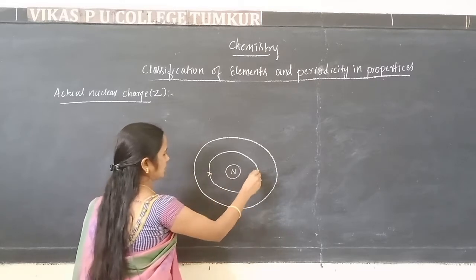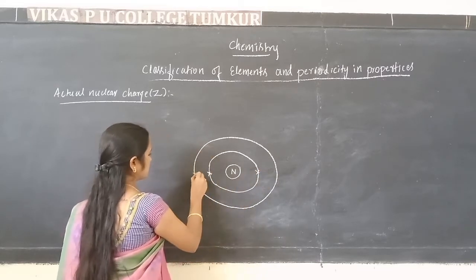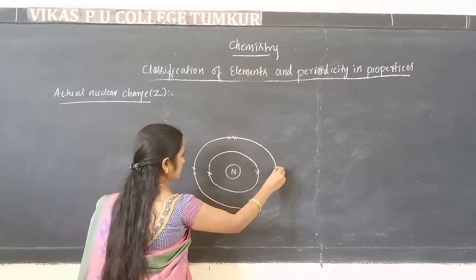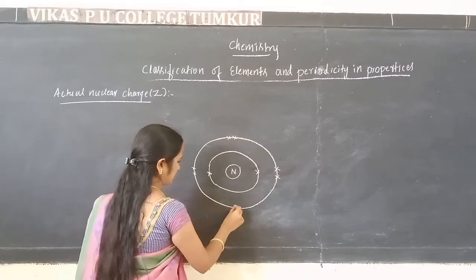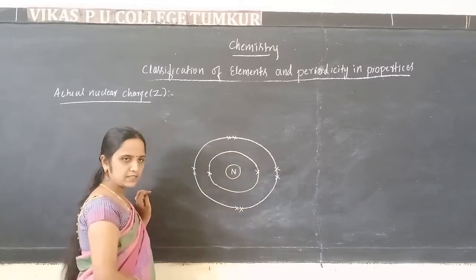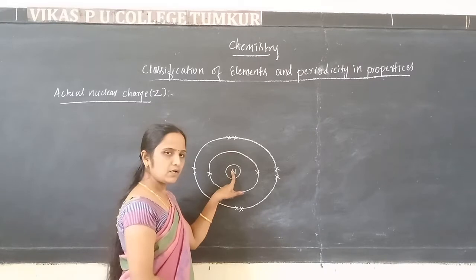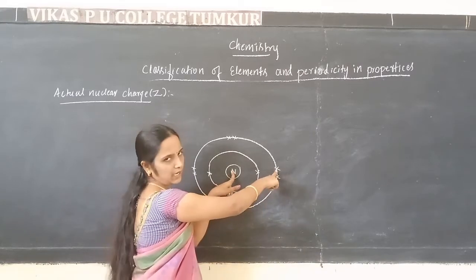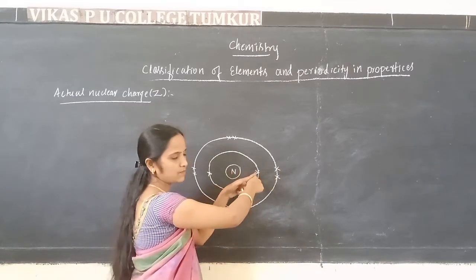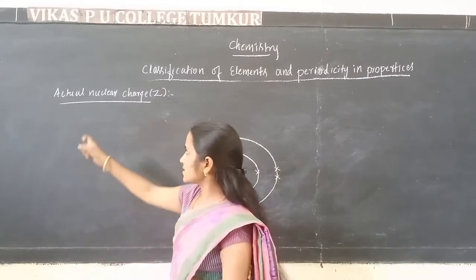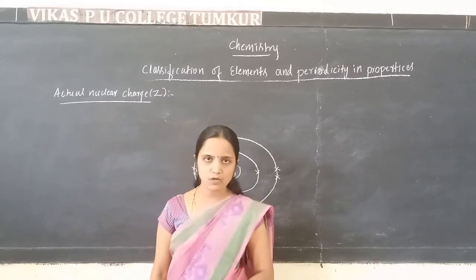These are the electrons. Actual nuclear charge means the force of attraction between the nucleus and the electrons. The force of attraction between the nucleus and the electrons is called the actual nuclear charge.